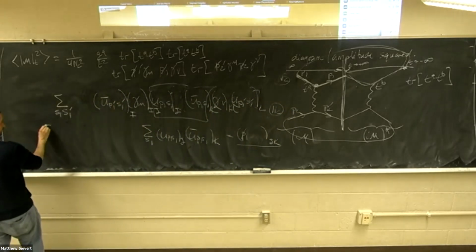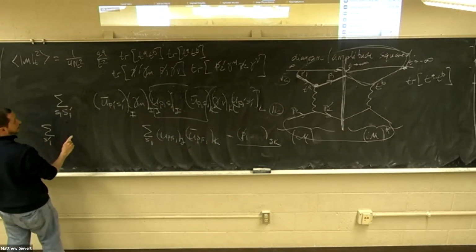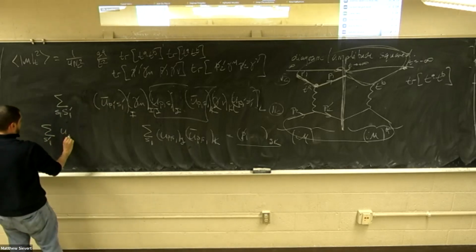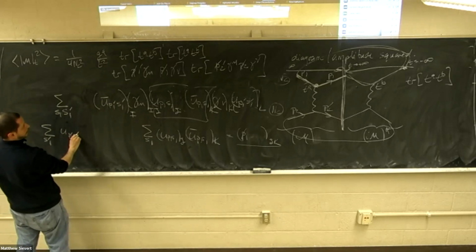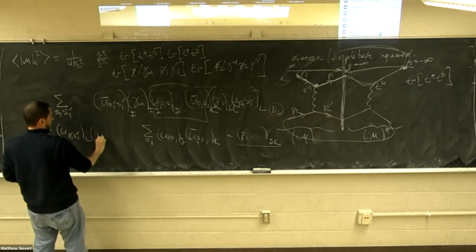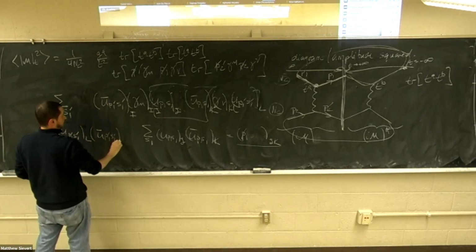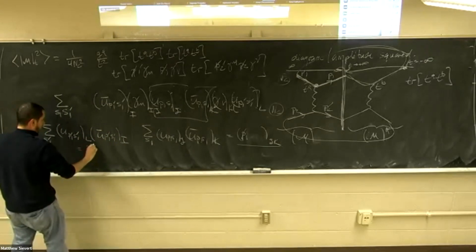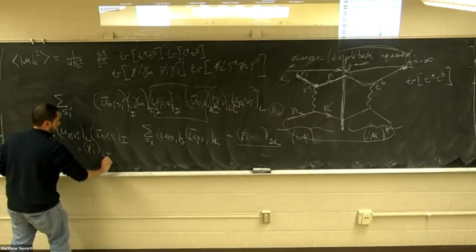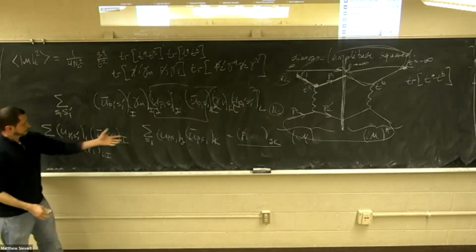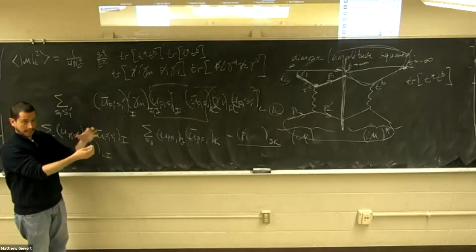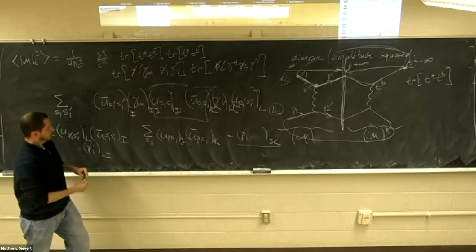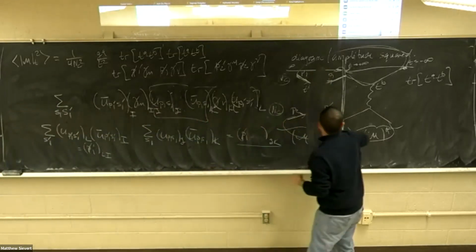The other one is the sum over s1 prime, if I write it in the other order, of u p1' s1' with index L, u bar p1' s1' with index I. After I sum over s1 prime, I get p1' slash with indices L, I. So the indices keep track of it for you and tell you how to connect the pieces into an overall matrix product.